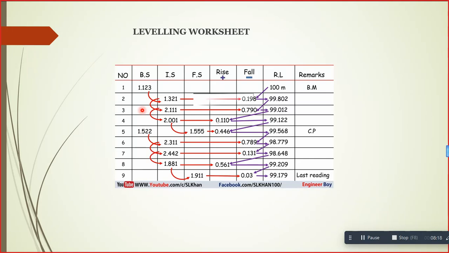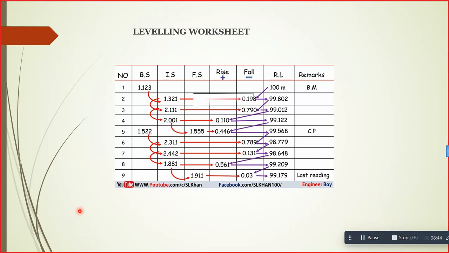Our first reading being the backsight is 1.123, and there are intermediate sights, which is 1.321. I will only deal with the first, then the rest repeats the same. If you want the reduced level or to know whether it's a fall or a rise, you take the backsight and subtract the intermediate sight, then you get the result.